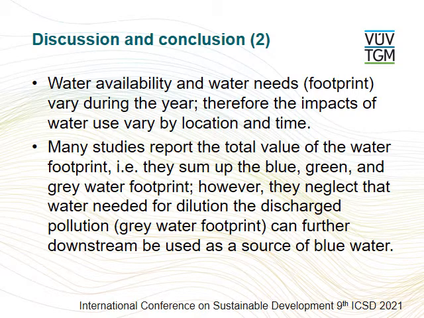However, they neglect that the water needed for dilution of the discharged pollution, the so-called gray water footprint, can be used as a source of blue water downstream in the catchment.